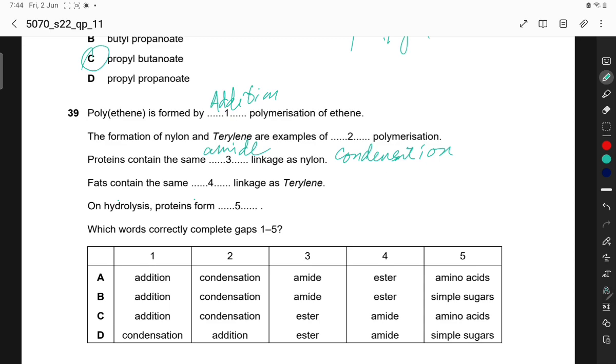Fat contains the same ester linkage as terylene. On hydrolysis, proteins form amino acids. First is addition, second is condensation, third is amide, fourth is ester, fifth is amino acid. So A option is correct.